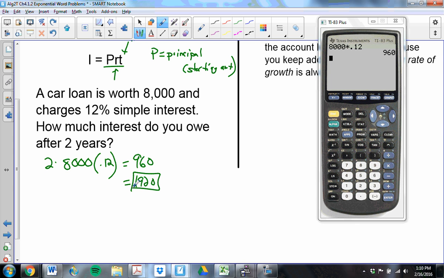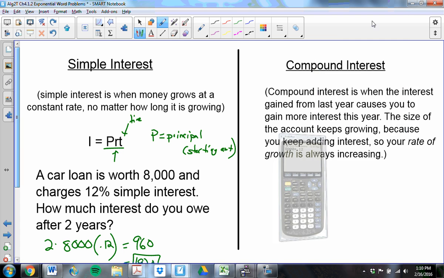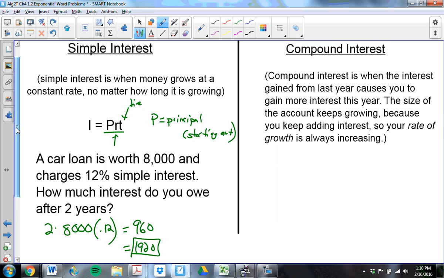But if it was 3 years or 4 years or 5 years, however long the loan was, they'd just keep doing 0.12 times 8,000 and calculate the interest from there. That's called simple interest, where it's just always the same amount. In this case, they'd be charging $960 for every year. Simple interest doesn't happen very often. It does in a lot of car loans, actually, but there's other cases where it doesn't.